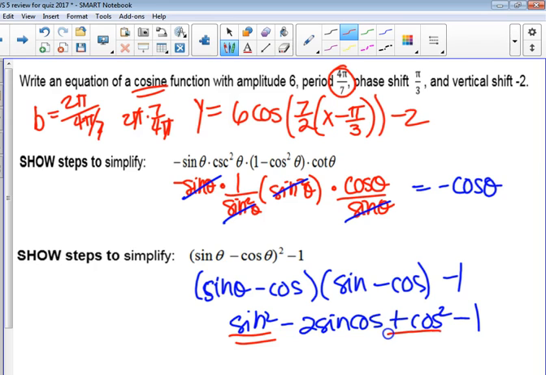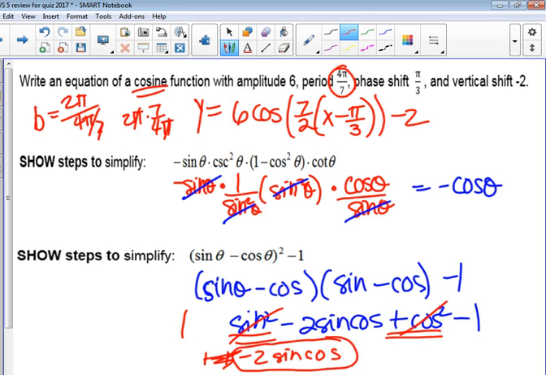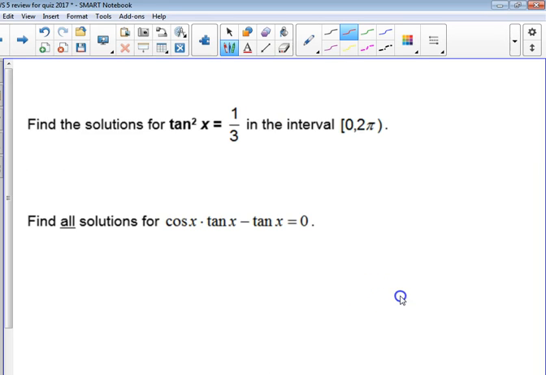Sine squared plus cosine squared is what? So then I have 1 minus 2 sine cosine, which should just be this. And I don't know that it's exact, that question. I think there's one where you have to remember to FOIL, okay? Maybe not. Might be just hard because it was on the retake.